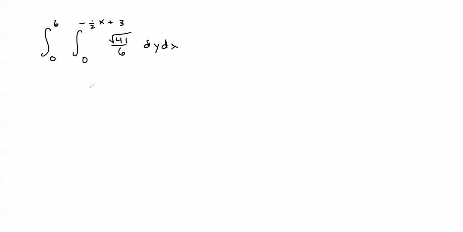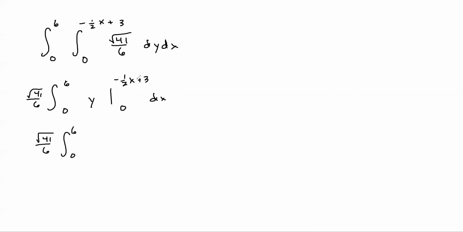So from there, it's pretty much plug and chug. So we do 0 to 6, the antiderivative of, well, let's just move the root 41 over 6 out front. The antiderivative is just going to be y, 0 to negative 1/2 x plus 3, dx. And we get root 41 over 6, 0 to 6, plug in, get negative 1/2 x plus 3 dx.